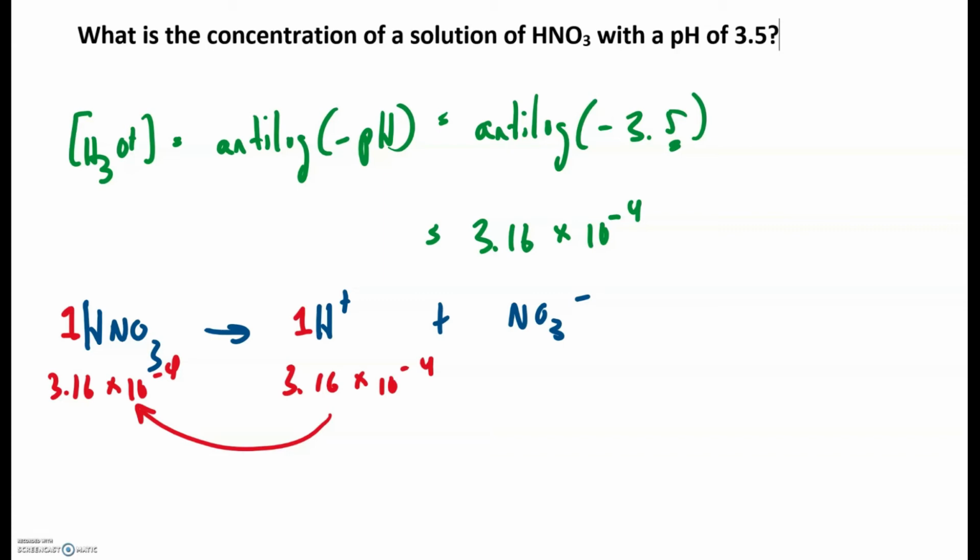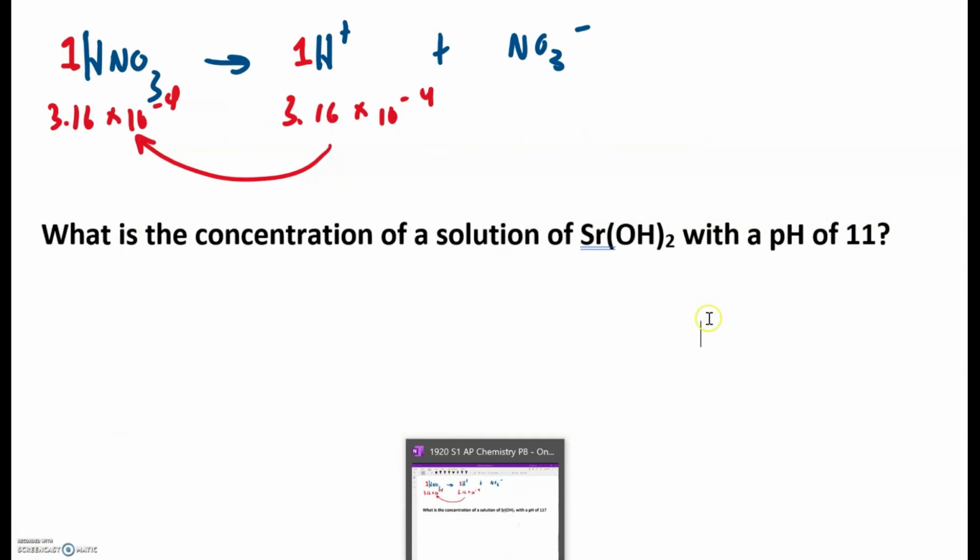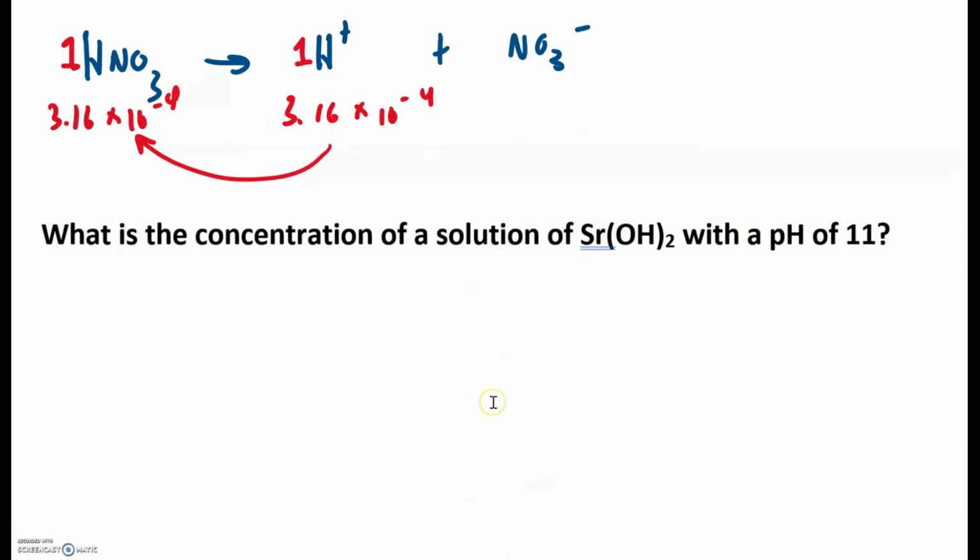Let's do this from a base, something that we can do from OH minus. Okay, here we go. This one is asking us what's the concentration of a solution of strontium hydroxide with a pH of 11. Since we're trying to find OH minus in this one, a couple things we could do.